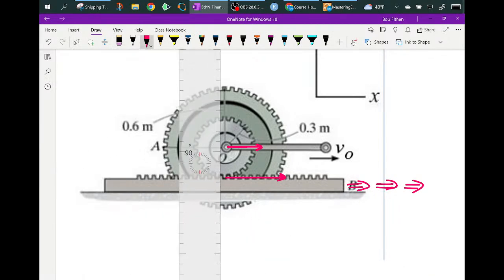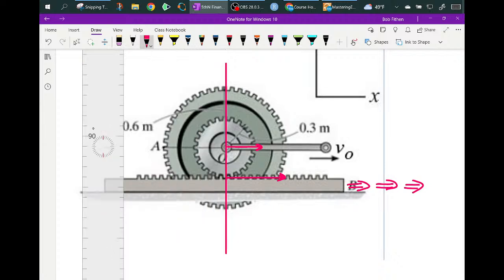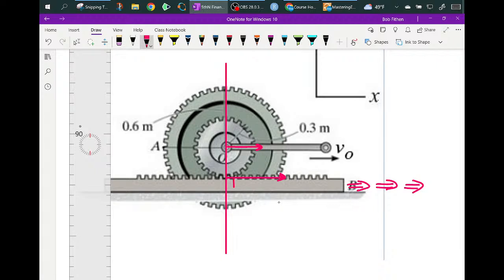Now, let's take a vertical line. That happens to be the reason it's vertical, the reason you're interested in it. It's perpendicular to those.